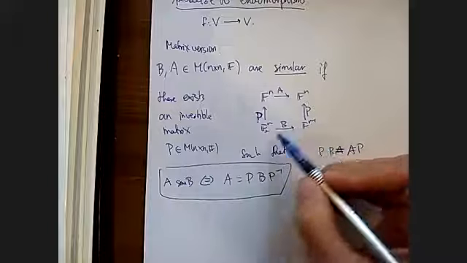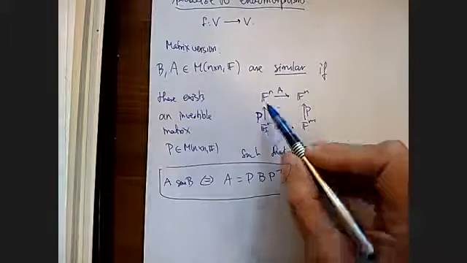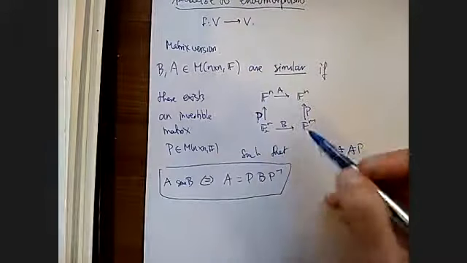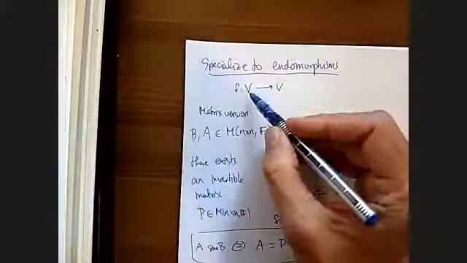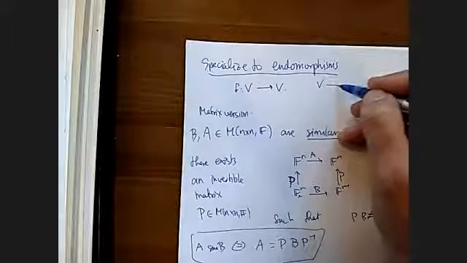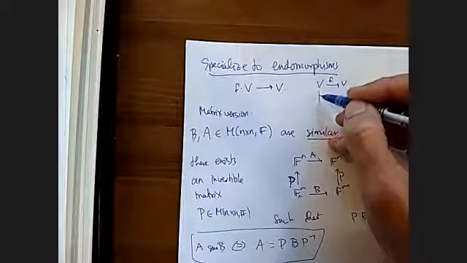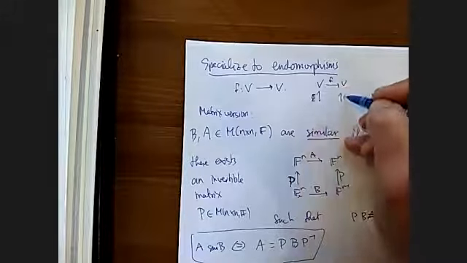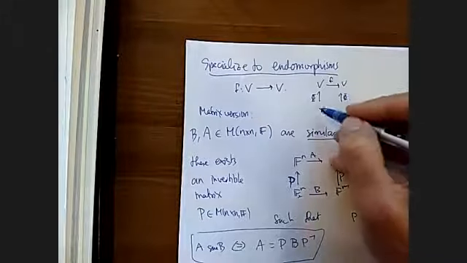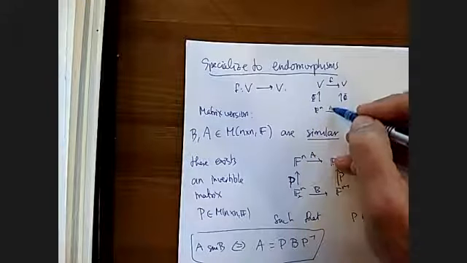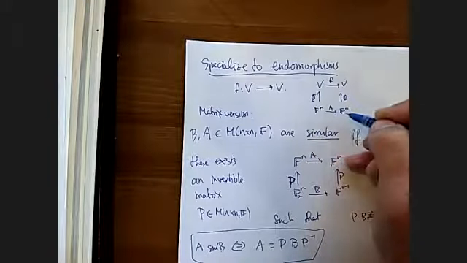Then we were trying to find a diagonal matrix B, or in general, for the general endomorphism, we were trying to find one single basis of the endomorphism, making the corresponding matrix as simple as possible.